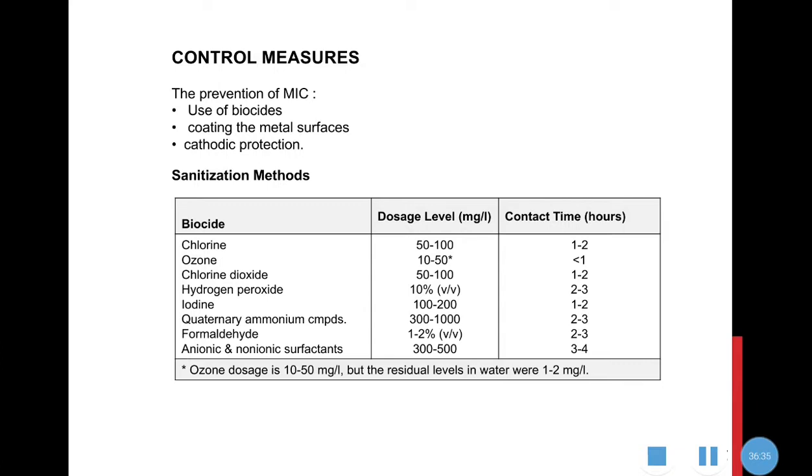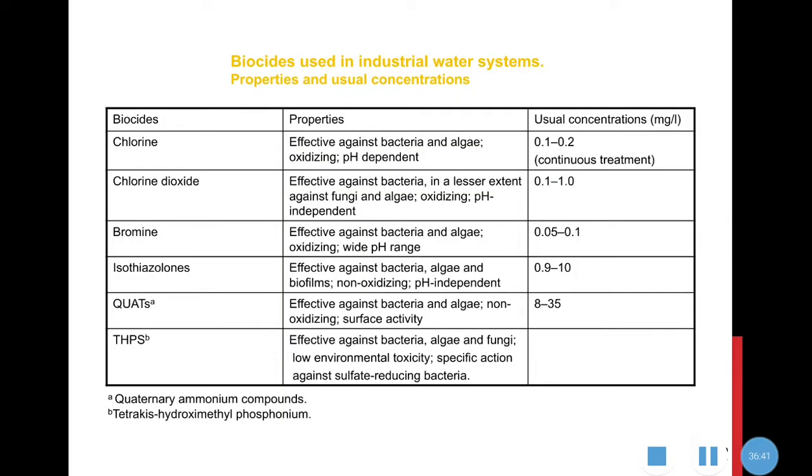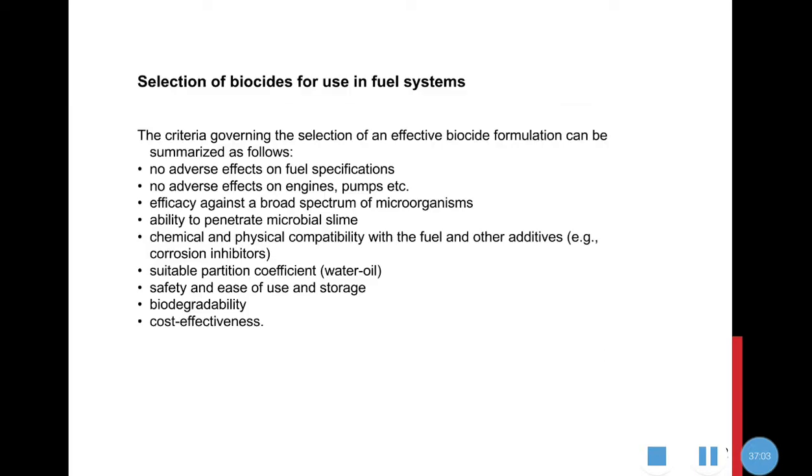So this is the type of biocide by using sanitization methods to control the MIC. Okay, awak boleh tengok macam mana kalau guna chlorine, kalau guna chlorine dioxide, apa dia punya keadaan dia bertindak kepada ciri-ciri dia untuk control the MIC. Kemudian dia bagi juga concentration untuk awak pilih.